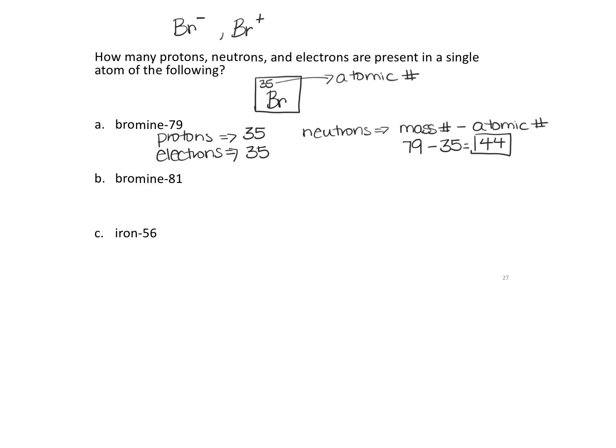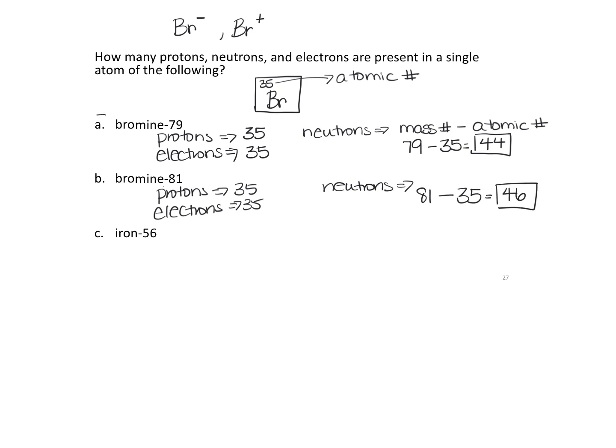So let's look at bromine here. This is bromine 81. It's going to have the same number of protons. It's going to have 35 and the same number of electrons because there's no charge, 35. We come over here and look at the neutrons, and again, we're going to take the mass number, which is 81 in this instance, and subtract the atomic number, which is 35, and that gives us 46 neutrons.